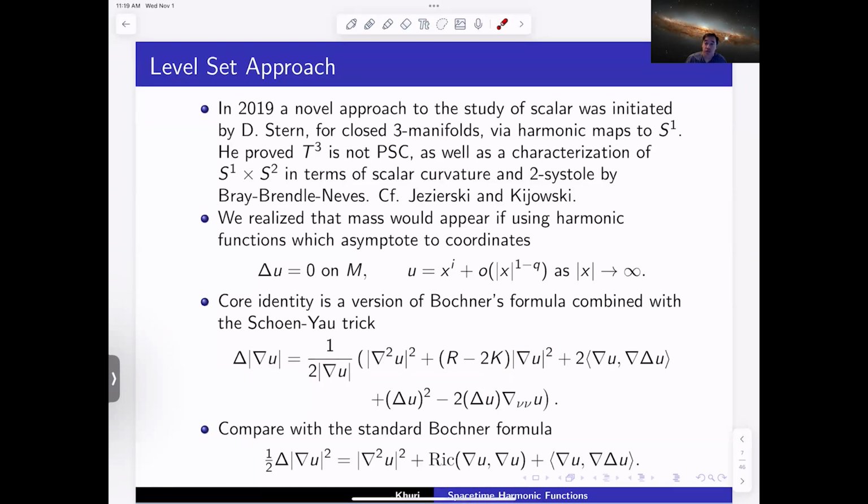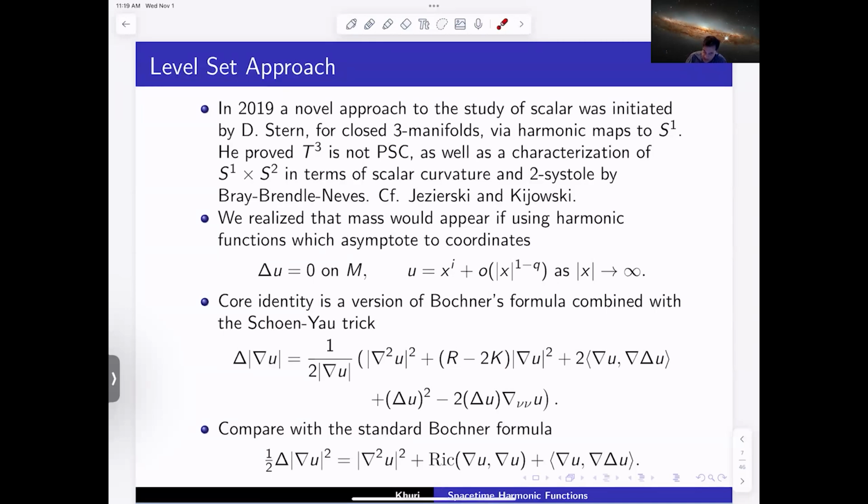And so at this stage, if you perform an integration and use the co-area formula, the Gauss curvature, which we have no control over, becomes just an Euler characteristic and, say, geodesic curvature if you have a boundary for these level sets. So that's the important difference why we cannot use the original Bochner formula. Even if you do the Schoen-Yau trick for the Ricci, you need to be able to get rid of the Gauss curvature using the co-area formula.